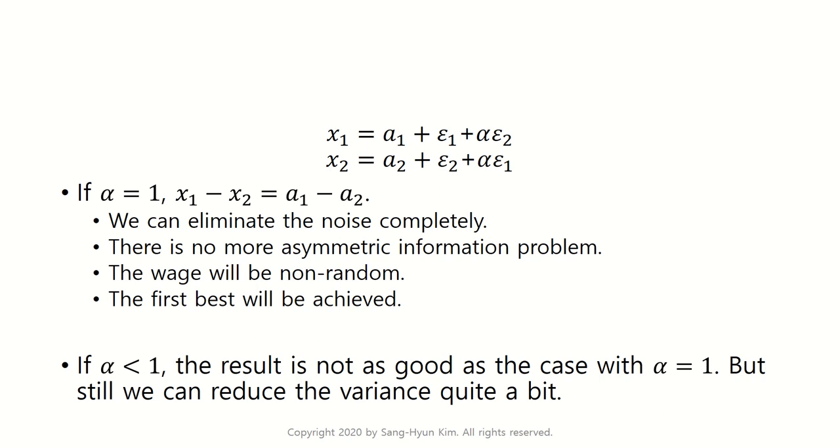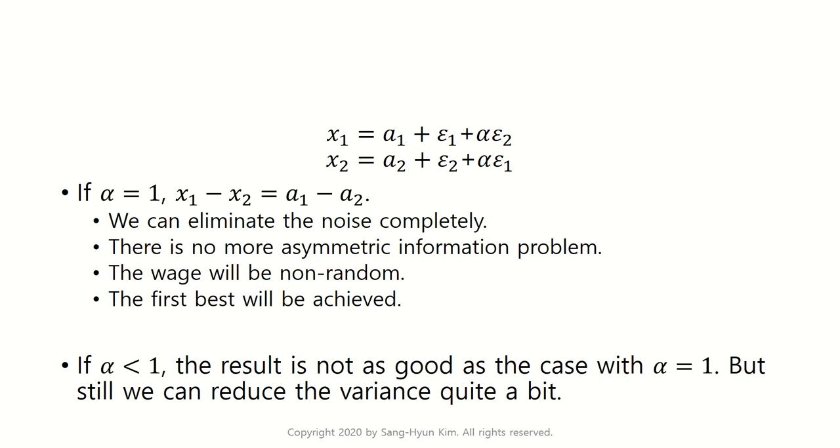So if you subtract x2 from x1, then the noises cancel out, and what's left is the difference in the effort. So what that means is we can completely eliminate the noise if alpha is 1. If alpha is 1, then the noise is just common.